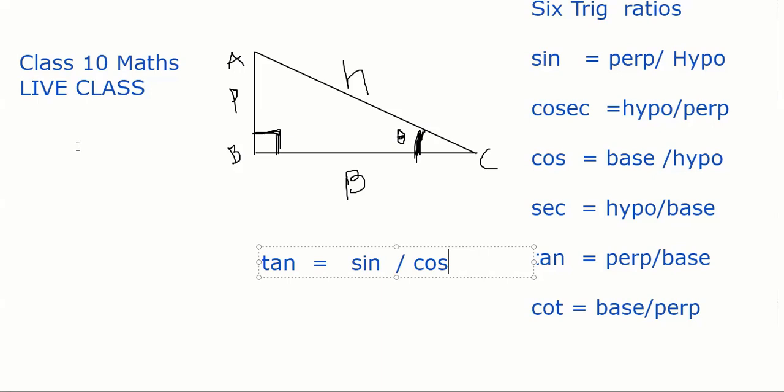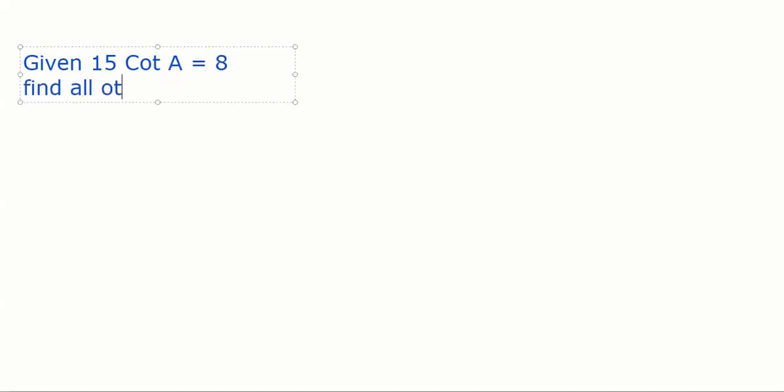Now, I'll tell you one question and then you can ask me doubts on the basic ratios first. Suppose I say, given 15 cot A equal to 8, find all other ratios.